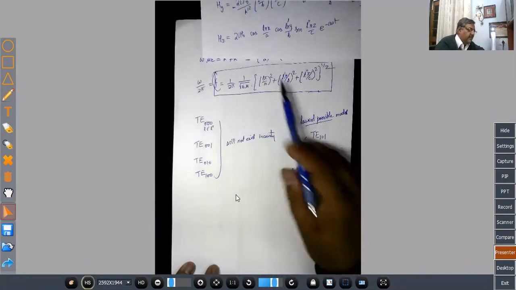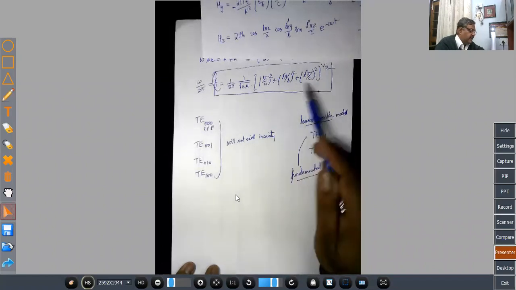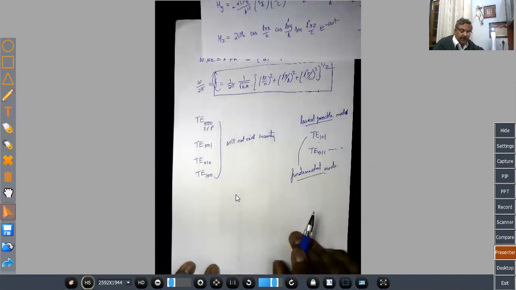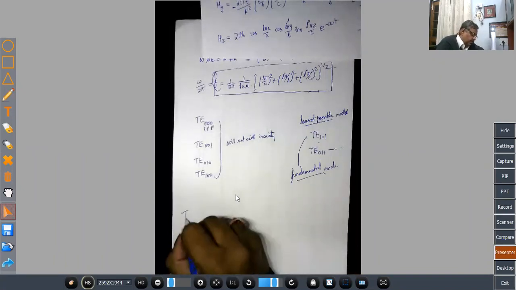Putting L as 1, L dash as 0 and L double dash as 1, the frequency that comes will be the fundamental frequency. So this was for the TE mode.